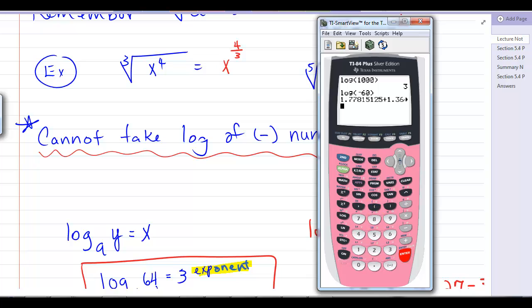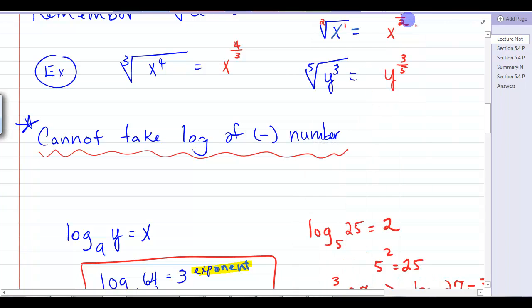Hold on. Okay, when I scrolled over far enough, here's an i on the end, which means that's an imaginary number. So typically you would get an error. It's an imaginary number, so there's no real number that is the log of a negative number. So that didn't work as well as I wanted, but it does give us that i.